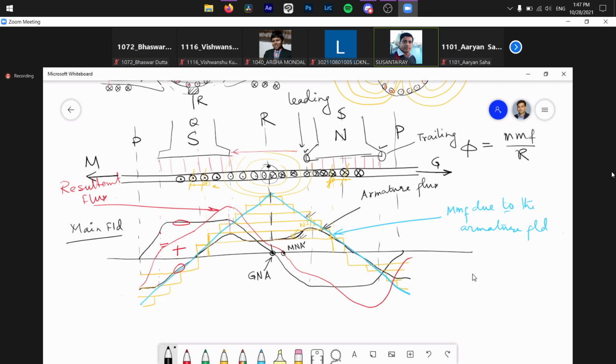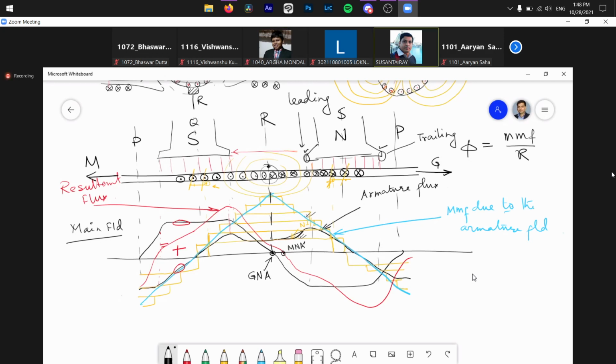Okay. Now you just tell me, if we want to complete our observation, towards which pole tips the magnetic neutral has been shifted? কোন পোল টিপের দিকে ম্যাগনেটিক নিউট্রালটা শিফট করলো? Leading pole tip.